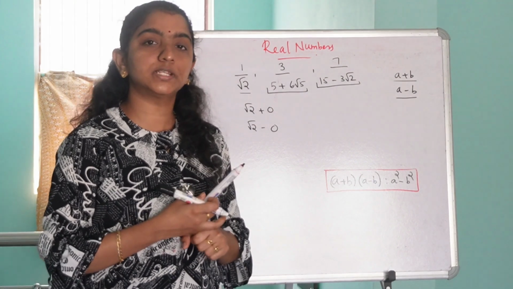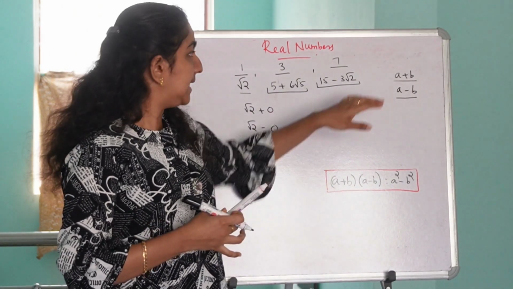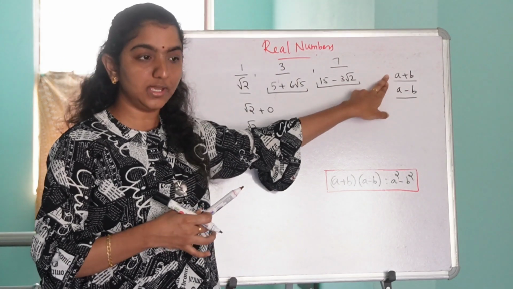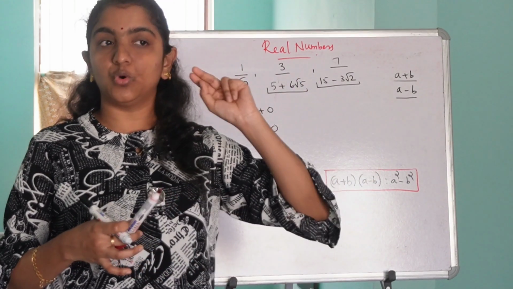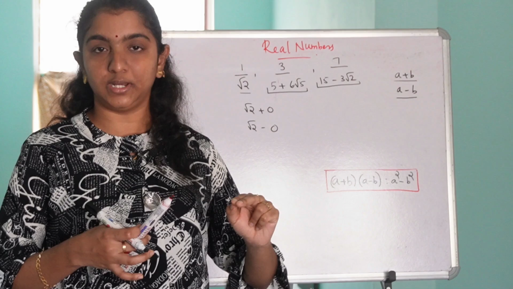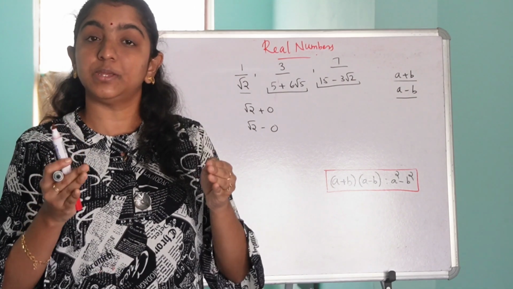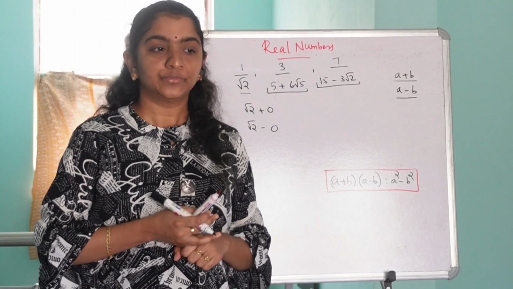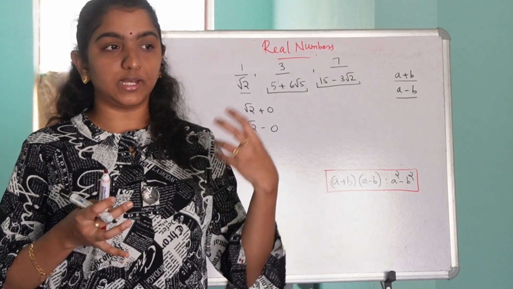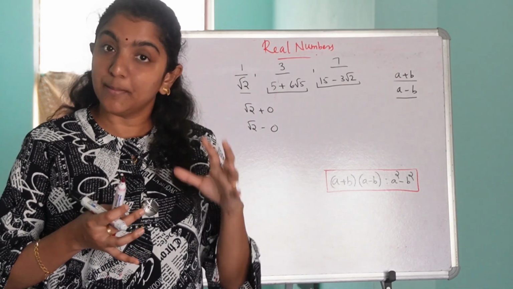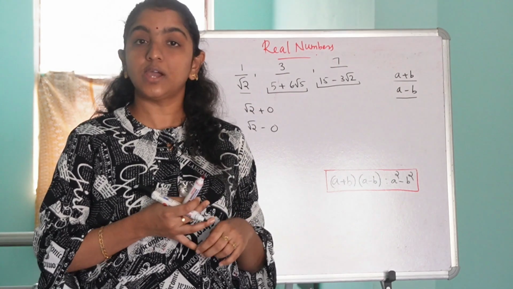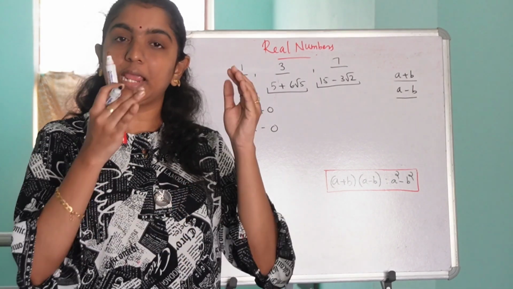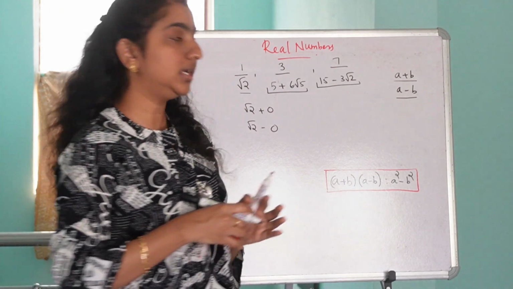If the denominator of the given real number is in the form a plus b, then you have to multiply both the numerator and denominator by the a minus b form of the given denominator. And also, if the denominator of the real number is in the form a minus b, then you have to multiply both the numerator and denominator by the a plus b form of the denominator.